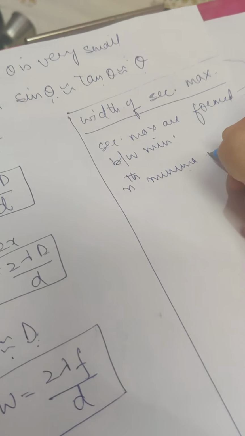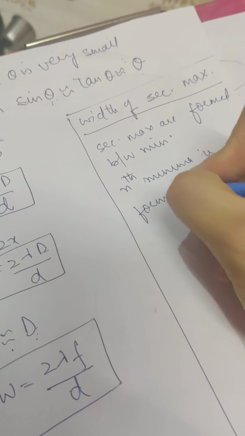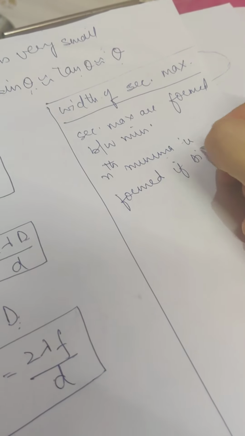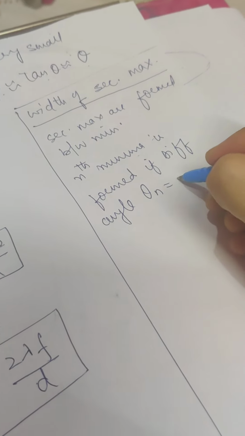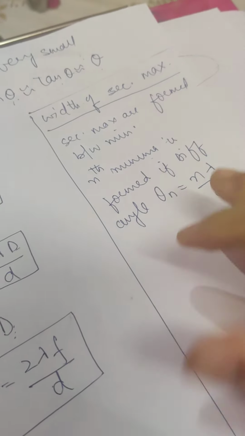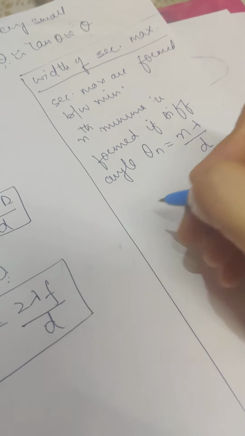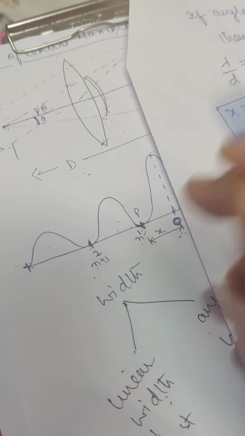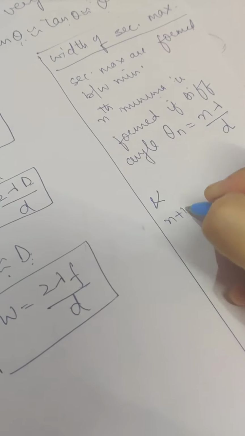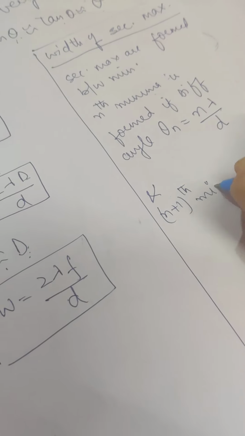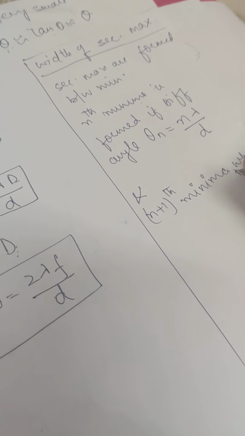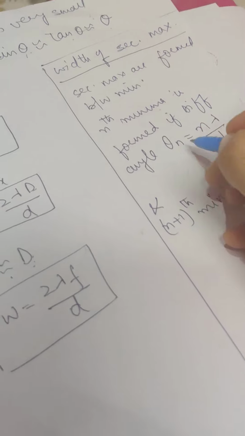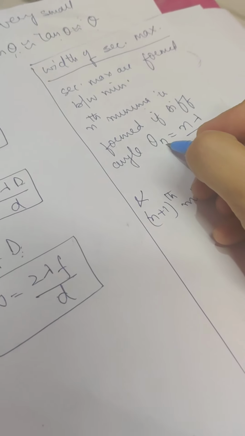We know that the nth minima is formed if our diffraction angle theta n is equal to, as we already calculated, n lambda by d. And the n plus 1th minima is formed when this n becomes n plus 1.